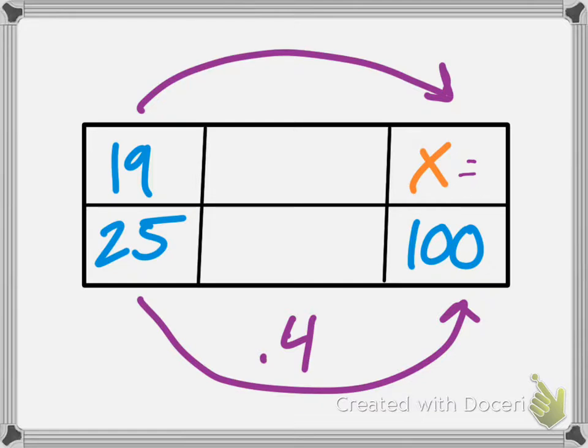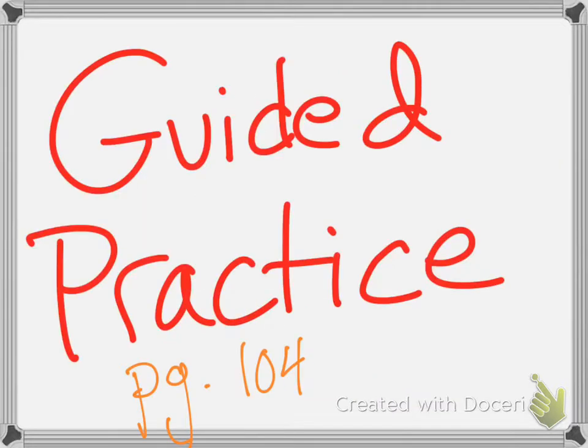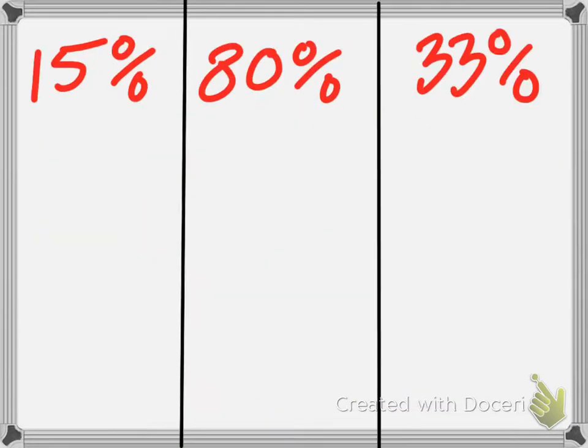Ben, what is 19 times 4? 76. Yes, exactly. And Travis said it too. So we find out that it is 76%. As soon as it's over 100, that's the percent.